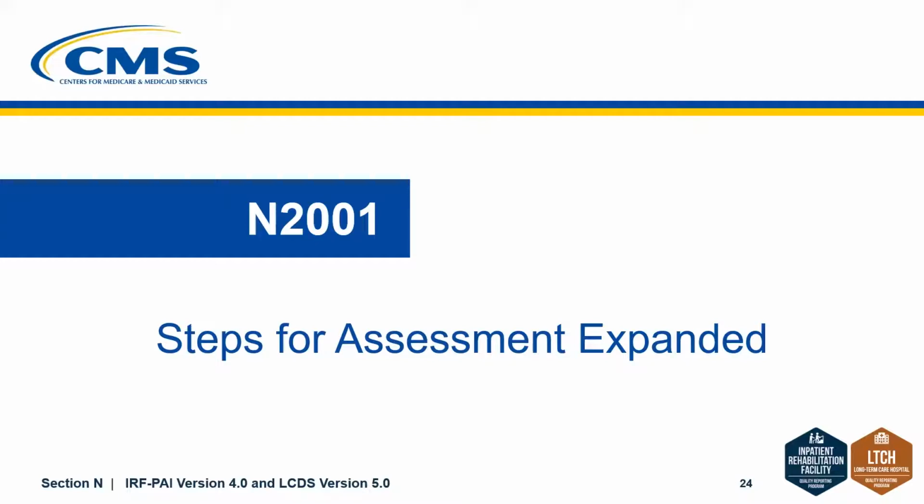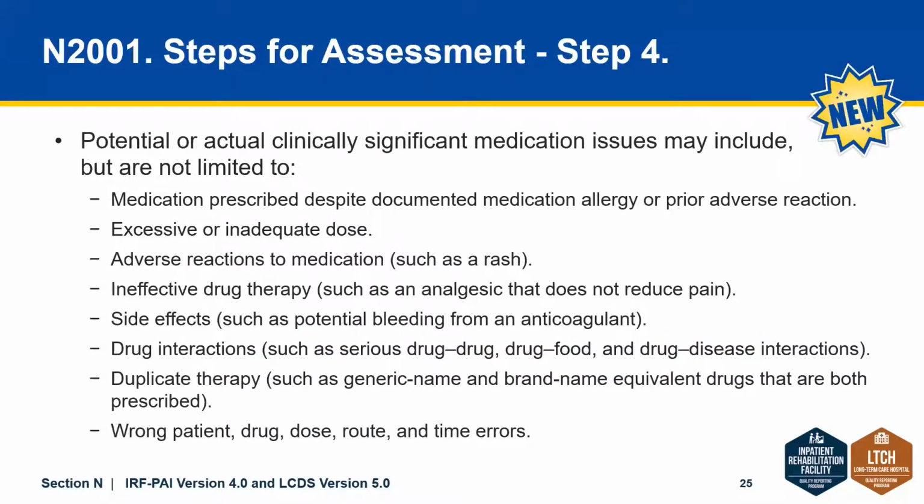We will start with the expanded steps for assessment for N2001. An additional step 4 was added to further clarify what is meant by a potential or actual clinically significant medication issue. For example, a patient taking an excessive as well as an inadequate dose of medication.